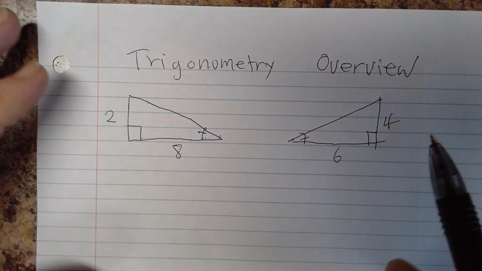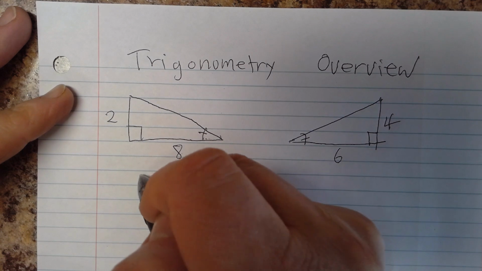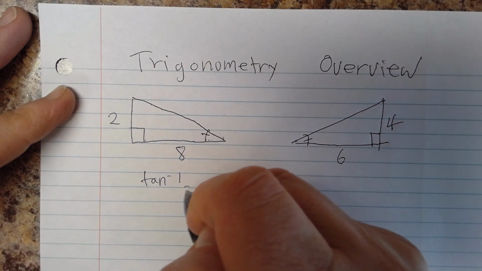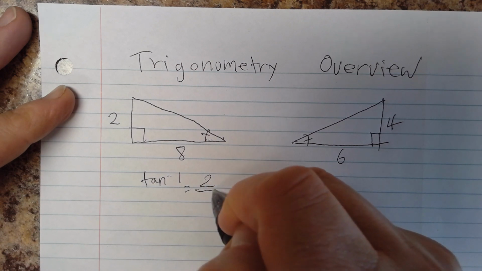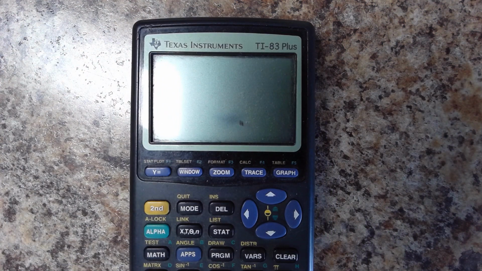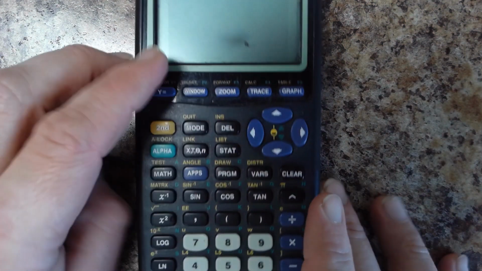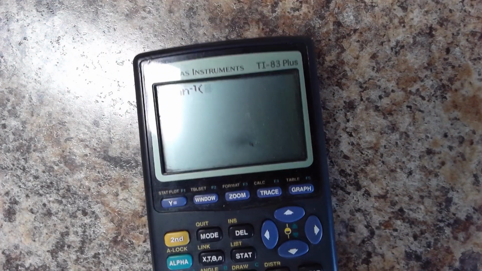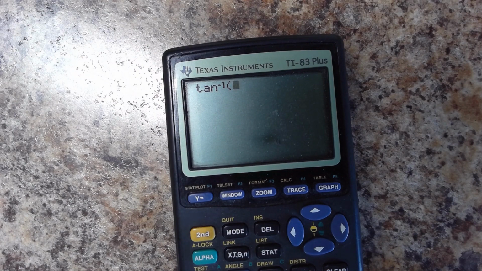So in this case, to find this unknown angle, tan inverse 2/8. And to refresh you on that procedure, second tan, that's tan inverse 2 divided by 8, gives us a 14-degree angle down on the corner.